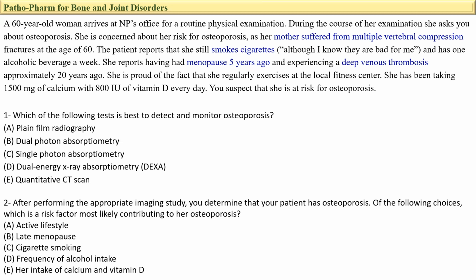But the significant point is that the DEXA is the gold standard to diagnose patients with osteoporosis, and to detect and monitor osteoporosis over time, because the other diagnostic tests are not of that precision and specialty.